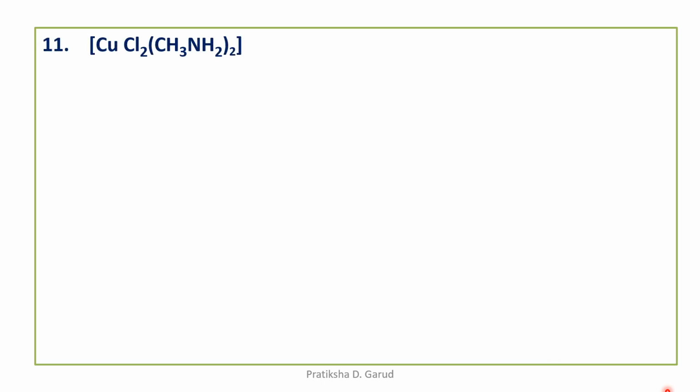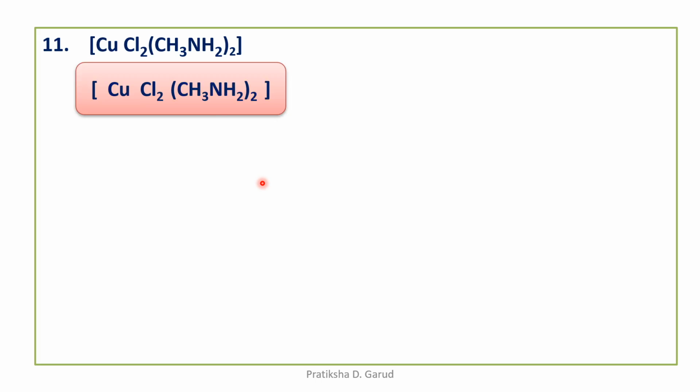Next is the CuCl2(CH3NH2)2. Again here the chlorine is the negative ligand which is having the -1 charge. CH3NH2 twice is the neutral ligand, and by using this we get the oxidation number of the copper as plus 2. Okay, so what will be the name for this?